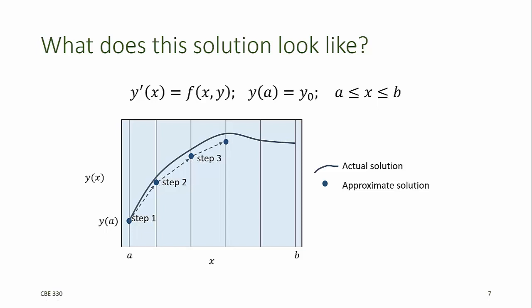And we continue to iterate that method until we arrive at x equals b. Notice that our approximate solution may not exactly match the actual solution. This is because the numeric integration of initial value problems is always an approximate solution to the initial value problem. In the next video, we'll introduce Euler's method, which is a one-step method and is the simplest of the Taylor methods.